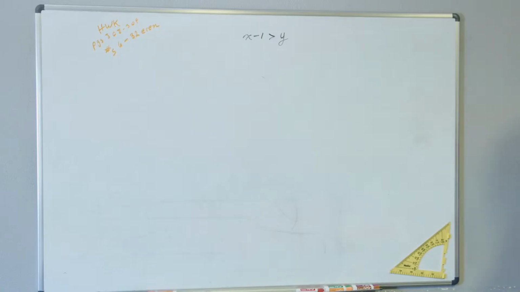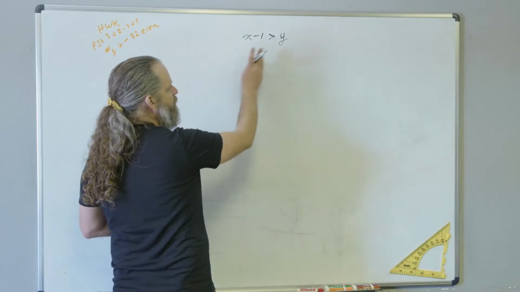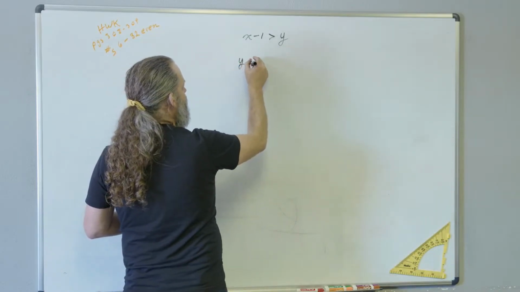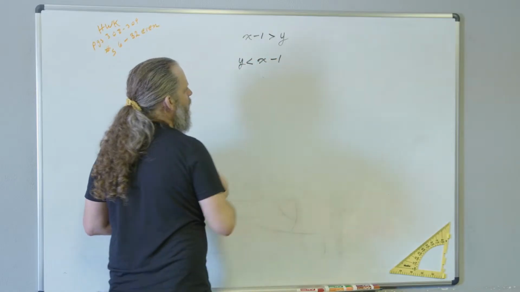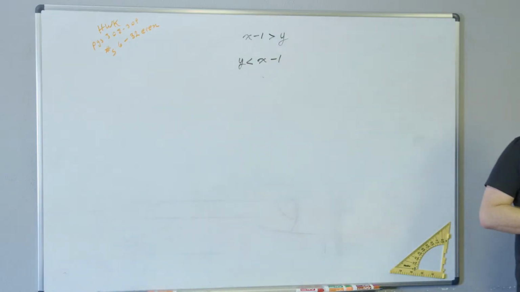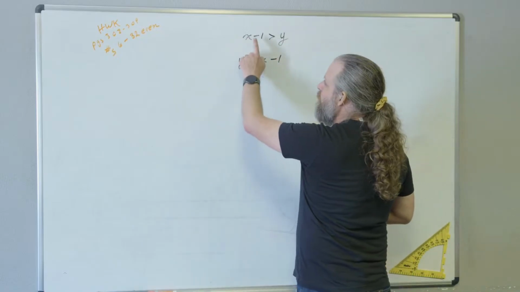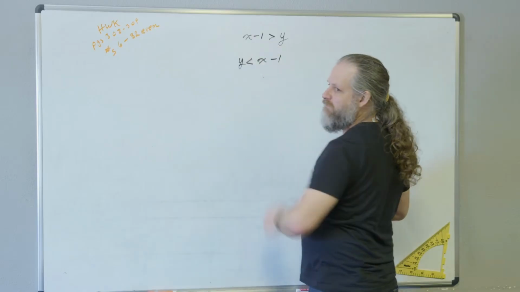And a good first step would be to turn it all around, right? Put the y over here. Just don't forget to flip your inequality, right? So y is less than x minus 1, right? Why would it be that? The negative wouldn't all of a sudden jump to the x, and the positive wouldn't jump to the 1.